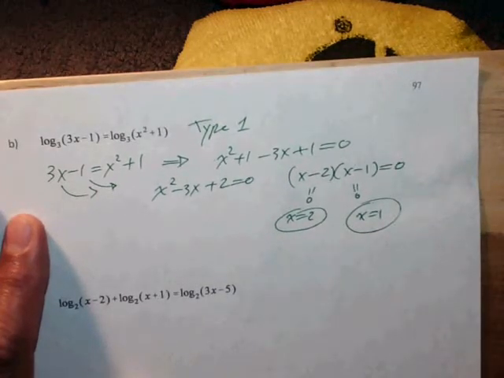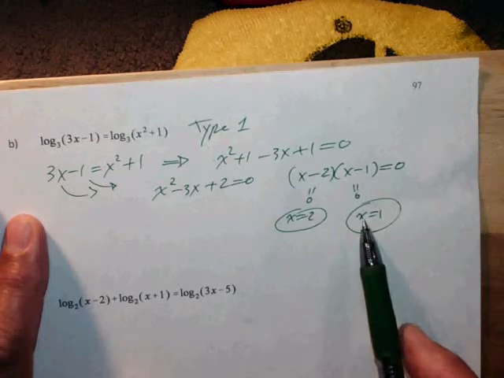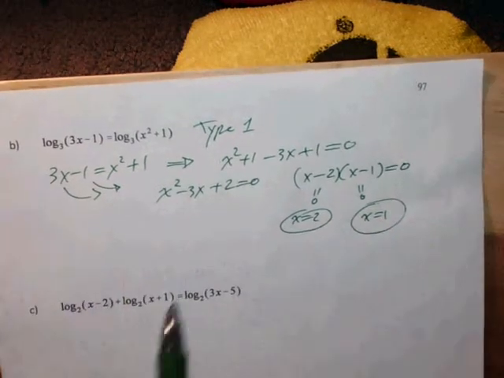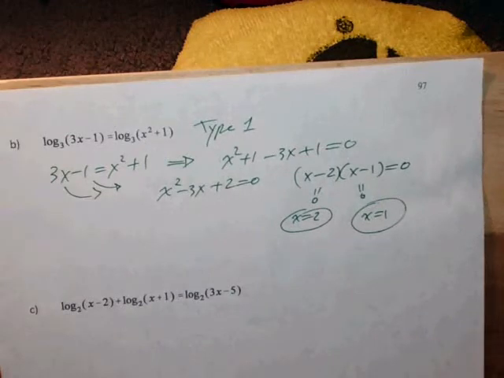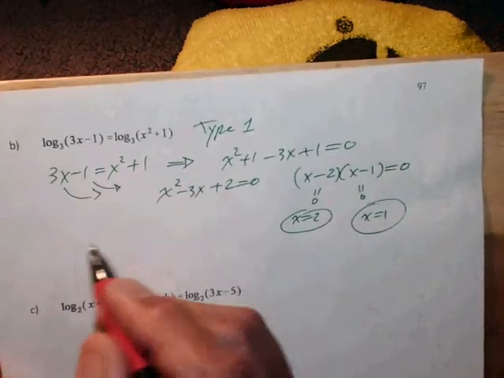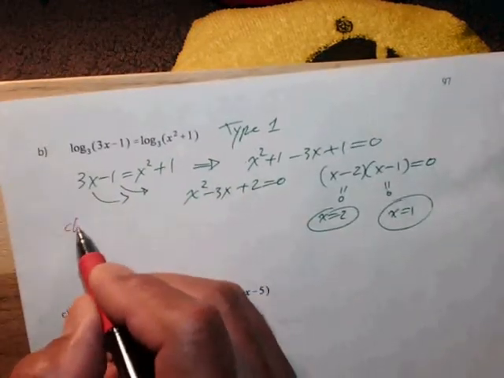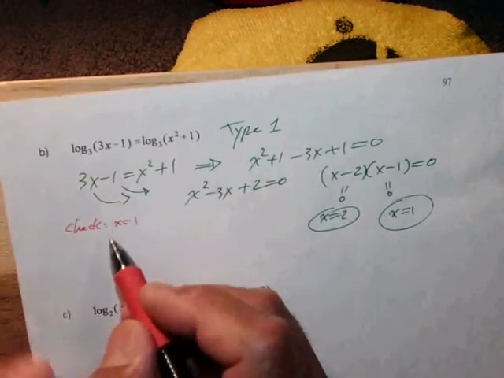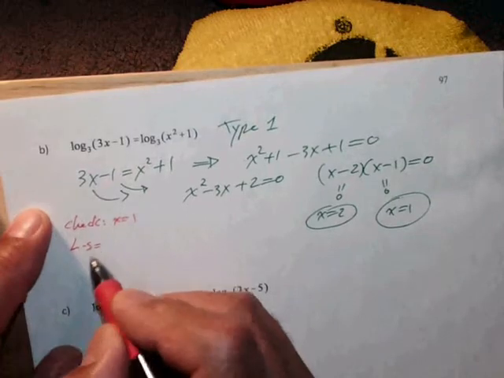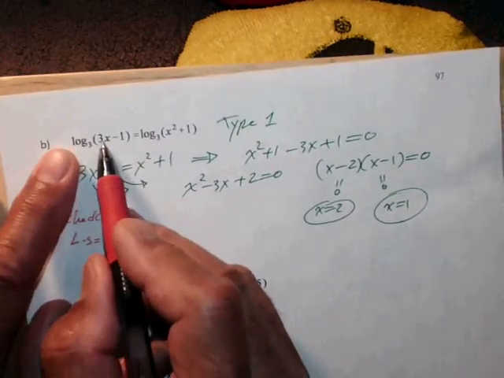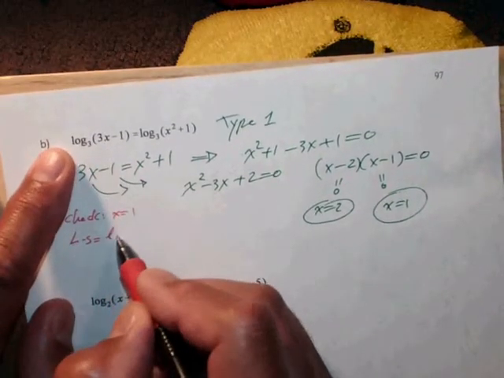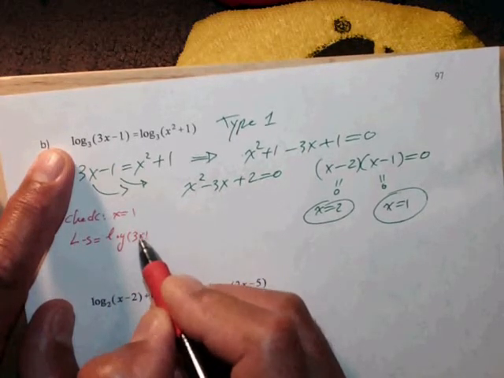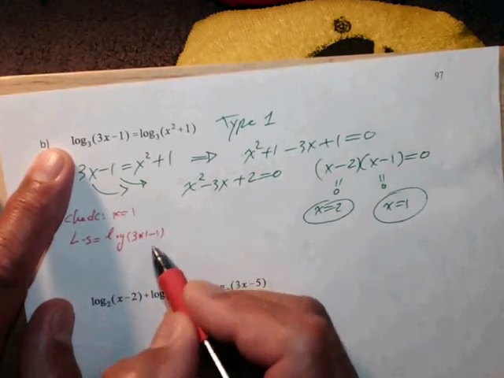Now, I have to check to see if things work. I'm going to use red pen for check. We go check. x equal to 1. Left side: put x equal to 1, you get log of 3 times 1 minus 1.